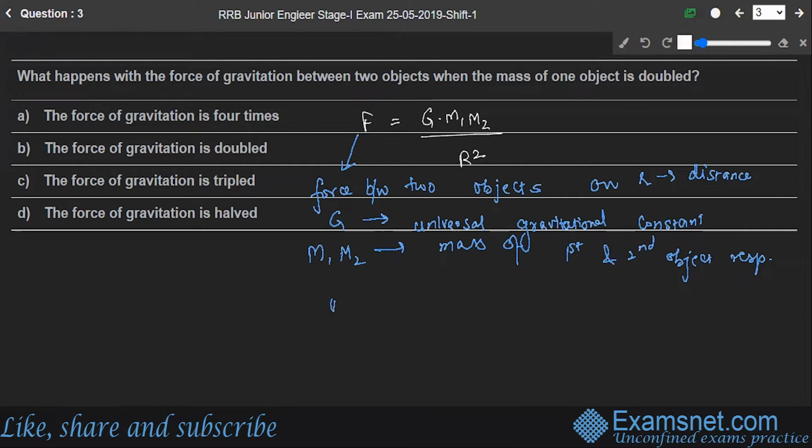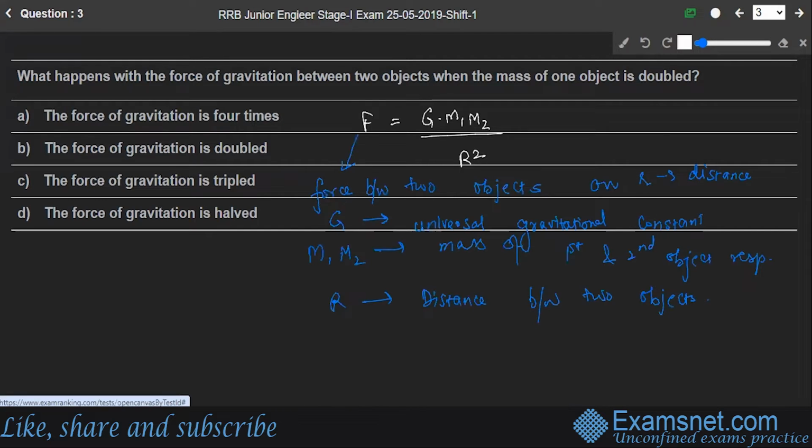And then R is the distance between two objects. So here has to be the capital R distance. Okay, so now let's get back.